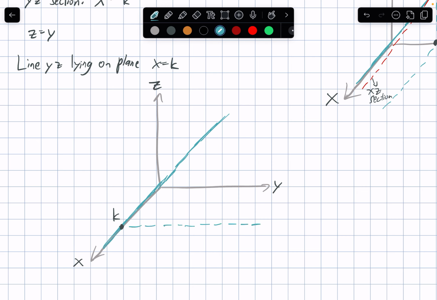You show it this way. This is the only way, actually. And the line is going to be parallel this way. So this is the YZ section.